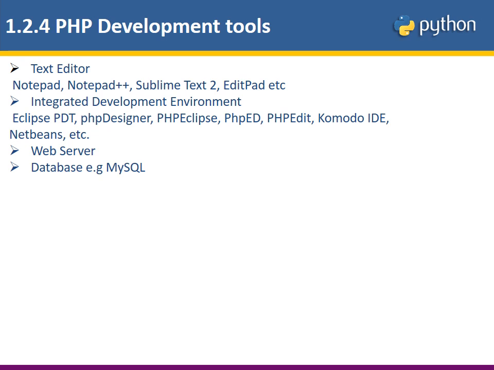One of them is the text editor, and the same way Python has text editors too, which are Notepad and Notepad++. Then we have the IDE in PHP, that is the integrated development environment, under which we have Eclipse PDT, PHP Designer, PHPEclipse, NetBeans, etc.